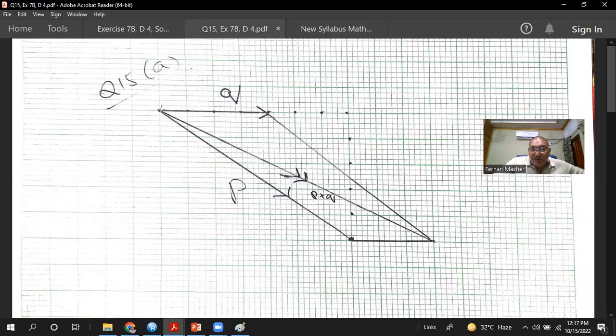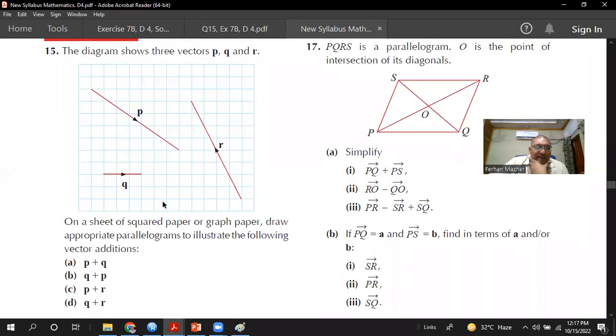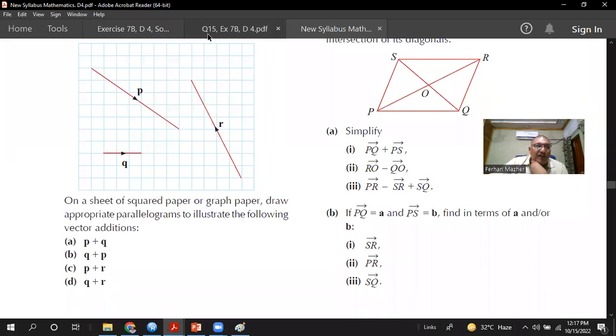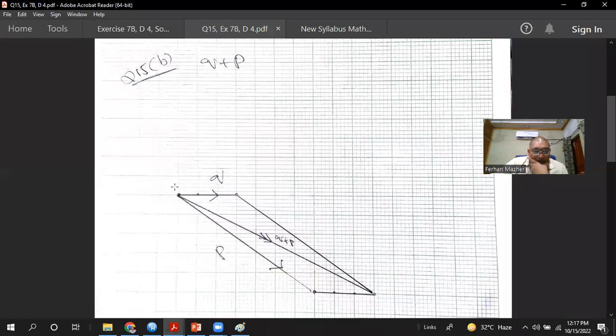Then where the tails were joined together, I join that with the opposite corner, and that is P plus Q. This is how you will add P and Q with the help of the parallelogram law. Then they ask you to do Q plus P, that's the B part. I will draw the Q from the same point. I will draw the P.